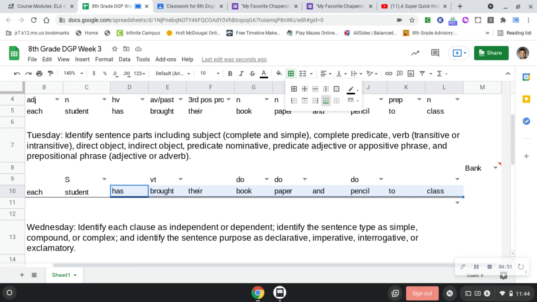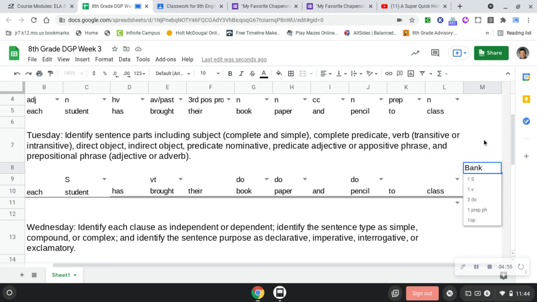Okay. Now what we have left is our prepositional phrase. Our prepositional phrase starts with the preposition and ends at the object that's affected by it. So where does this prepositional phrase begin and end? What do you got, Nick? Well done. Begins at to, ends at class.